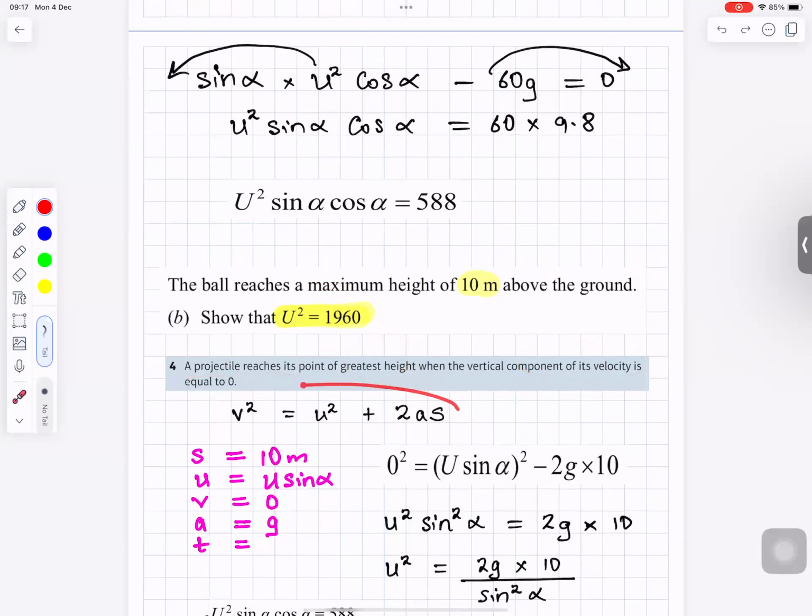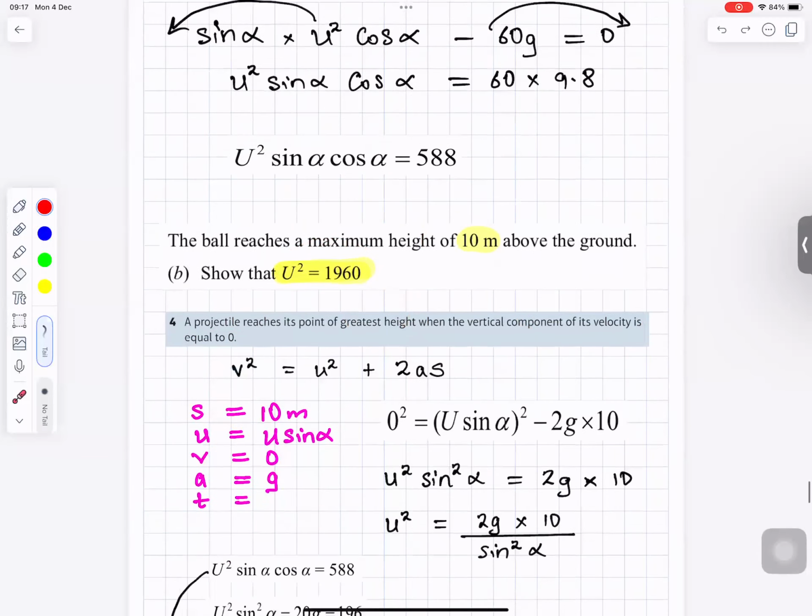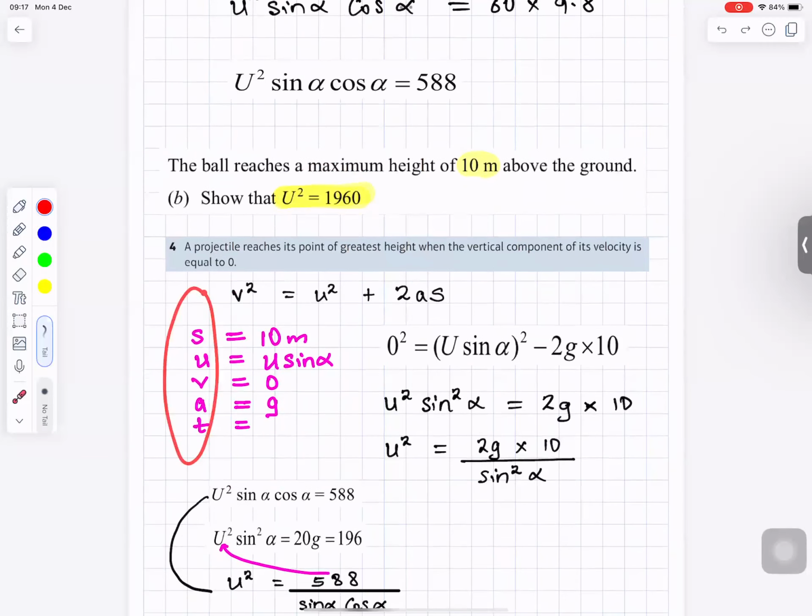So we use v squared equals u squared plus 2as, the suvat equation. The maximum height is 10 meters. Initial vertical speed is u sine alpha. At the greatest height, the final velocity is 0 because it stops moving momentarily. It goes up and stops before it starts coming down.